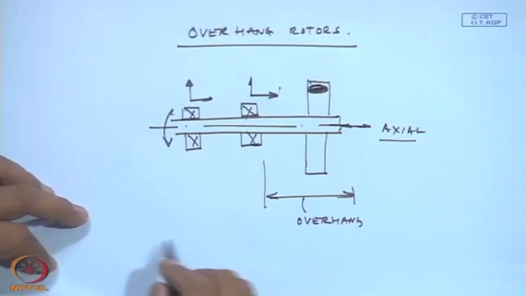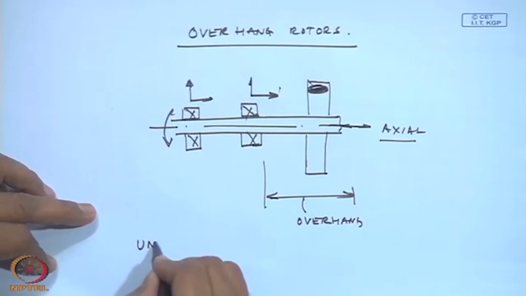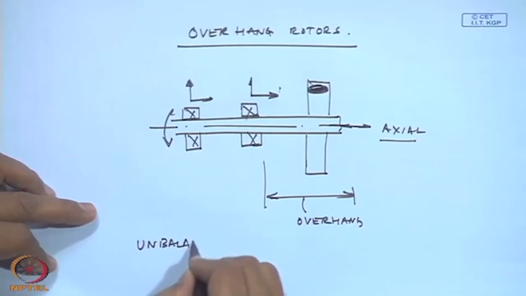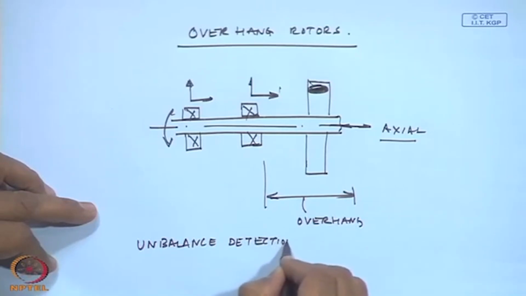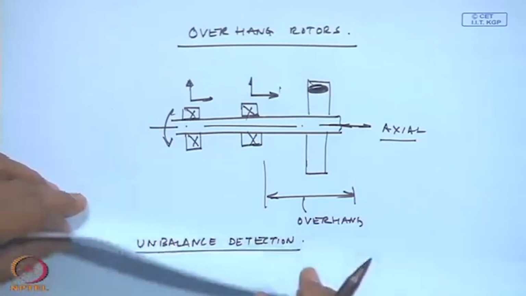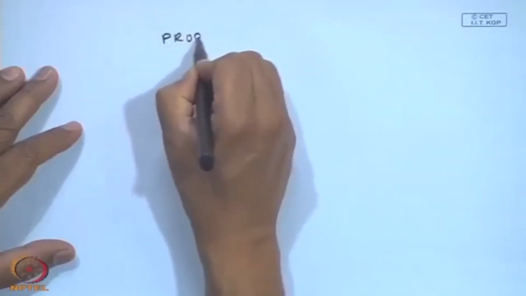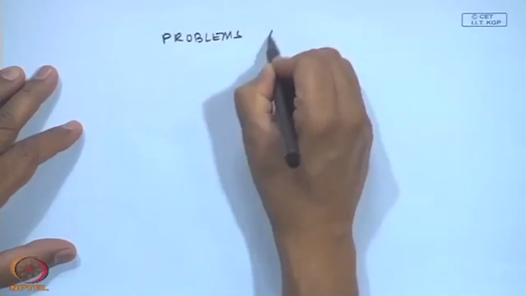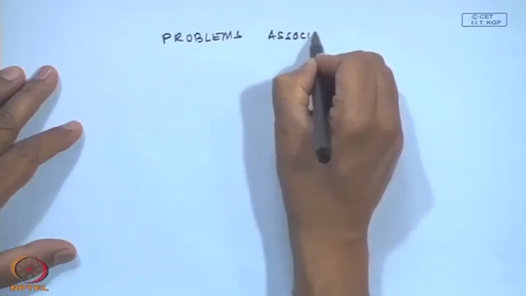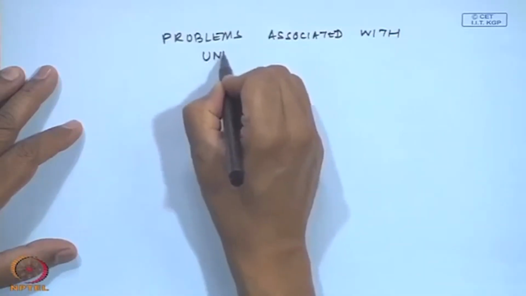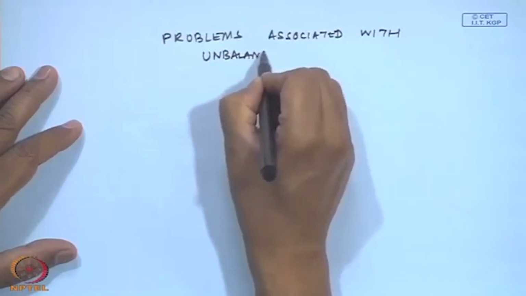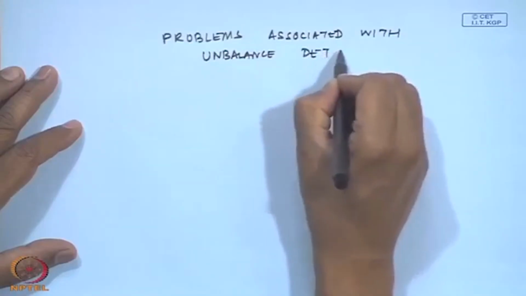But the problem with unbalance detection is many. So, what are the problems associated with unbalance detection?